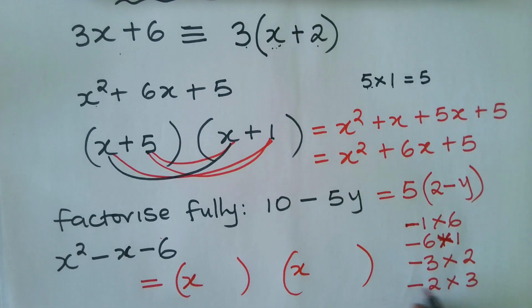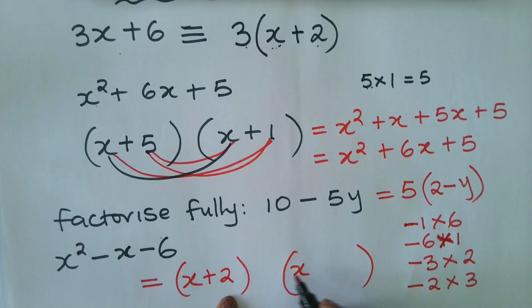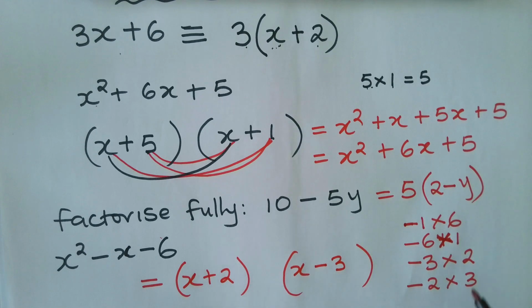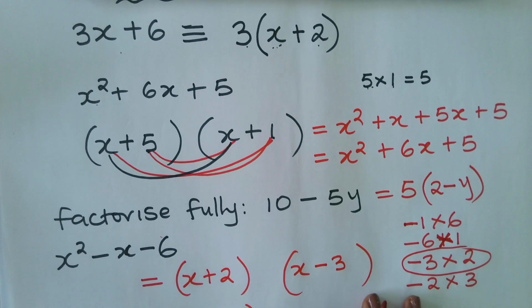So we've got x plus 2, and then x minus 3. All right, so we have chosen this one. Please make sure that there is no space in between this, so we can do this.